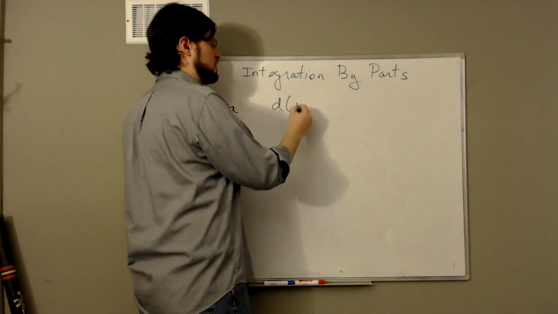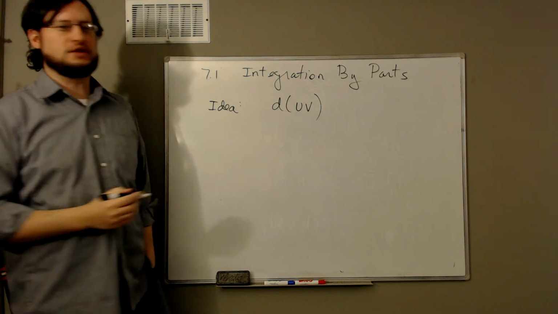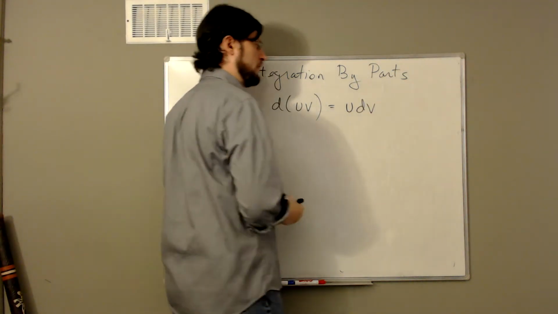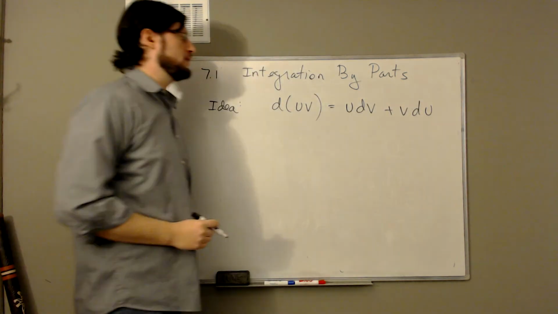So if I take the derivative of a product, UV, the derivative of UV is the first times the derivative of the second plus the second times the derivative of the first.